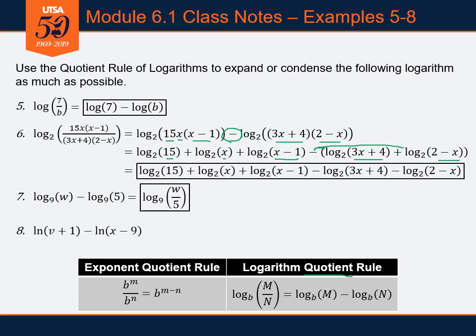That's all they're looking for us to do here, to understand the relationship between a difference of two logarithms and a single logarithm with a quotient. Same thing in question number 8. The natural log of v plus 1 minus the natural log of x minus 9 can be combined into a single natural log of v plus 1 divided by x minus 9.